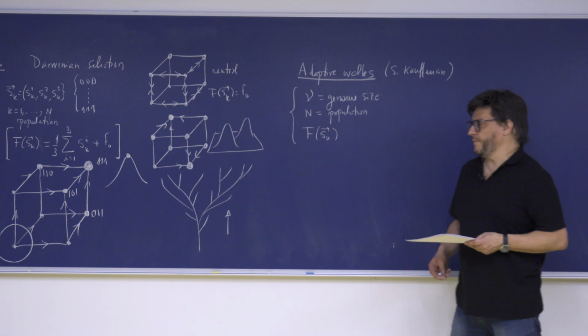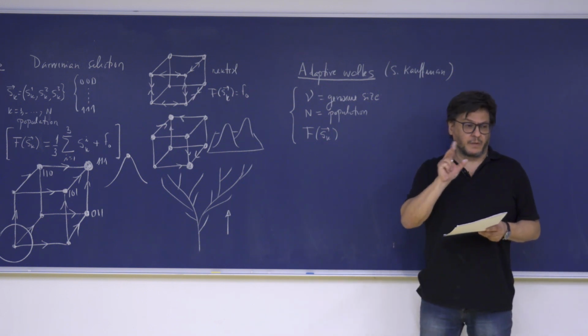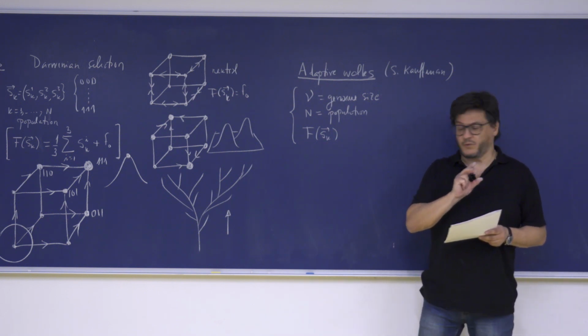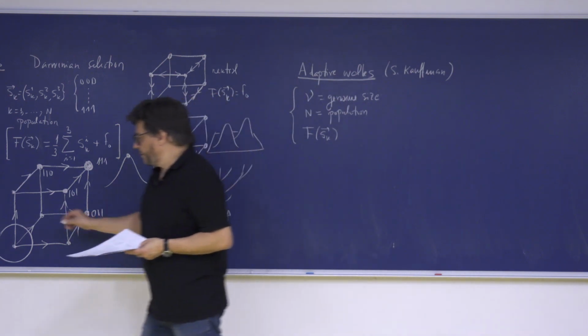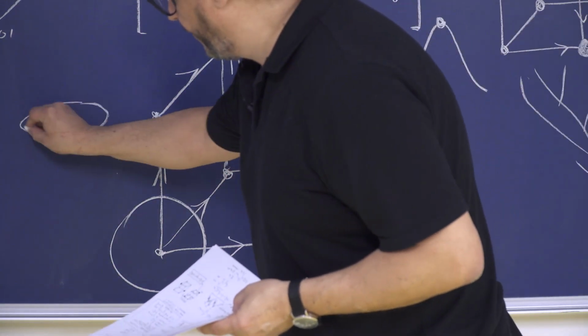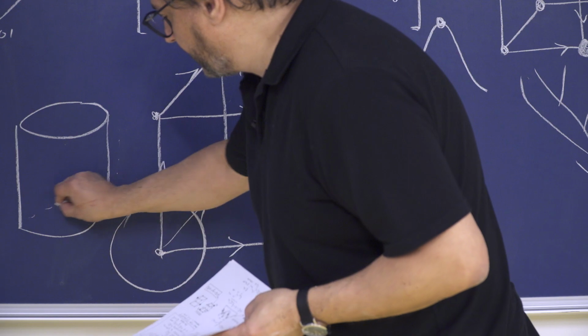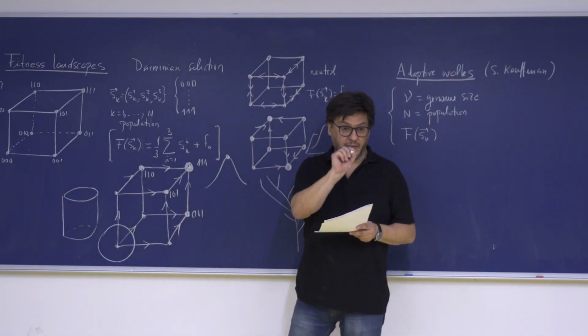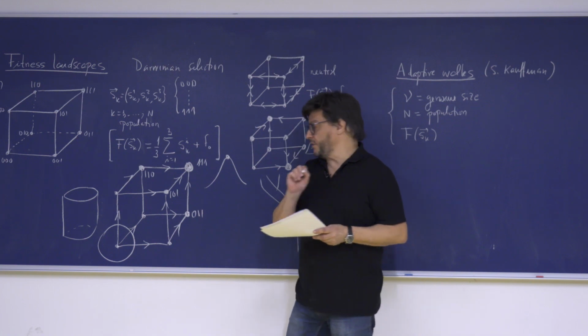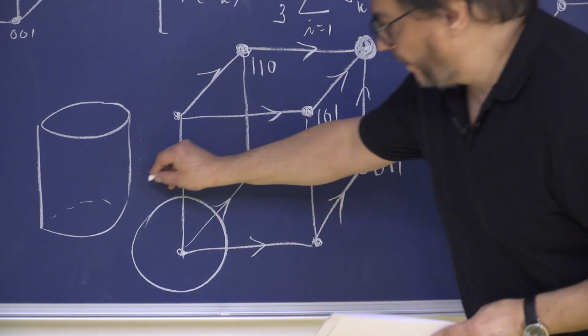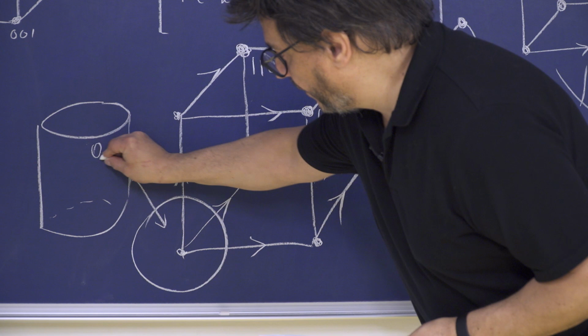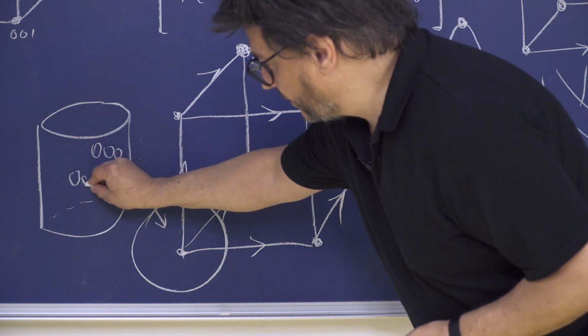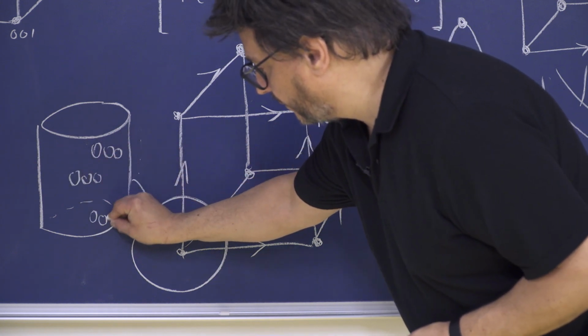Now, if you want to make the mapping with things that we haven't observed before, we still are in this picture of a well-mixed population, right? But now my agents are strings.